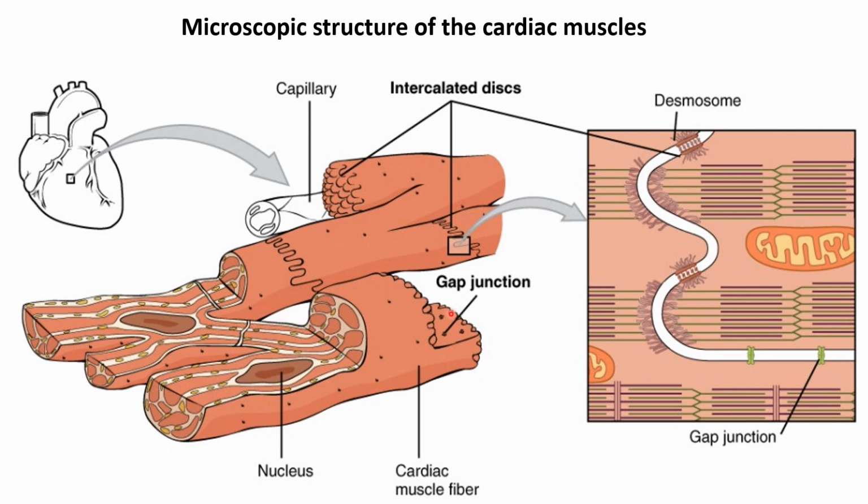The gap junction, the cardiac muscle fiber, the nucleus, the striated muscle of the heart to make the heart muscles stronger so that it can have the force to pump blood into all the parts of the body. There is also desmosome, which keeps the cardiomyocytes in position.